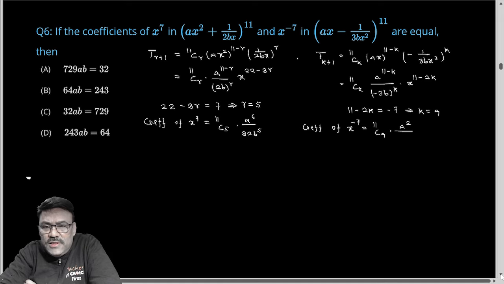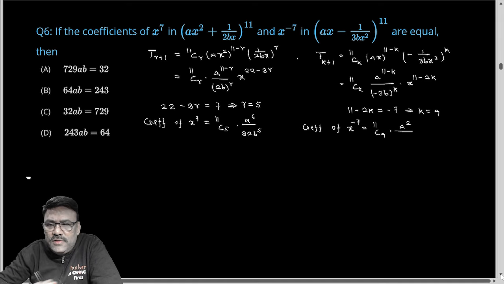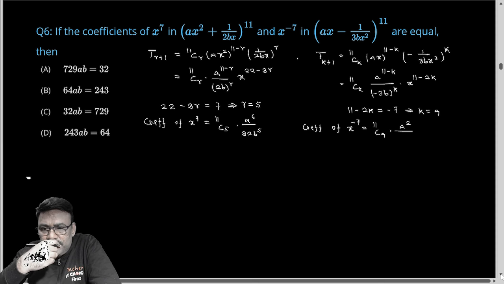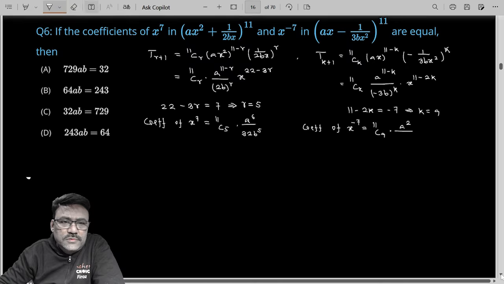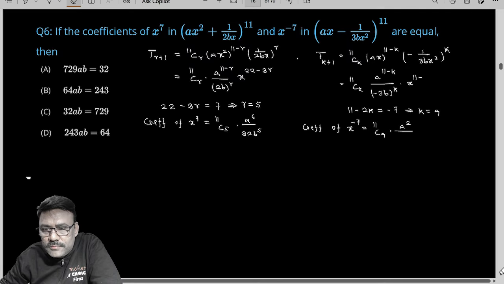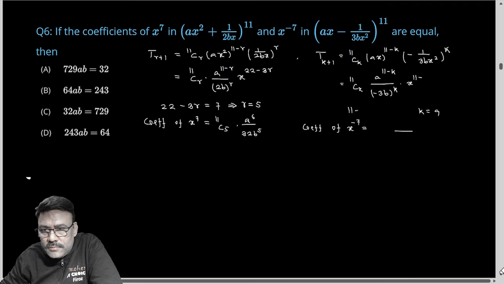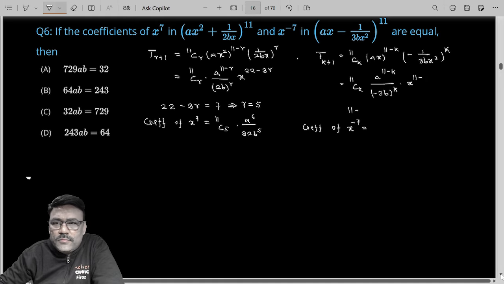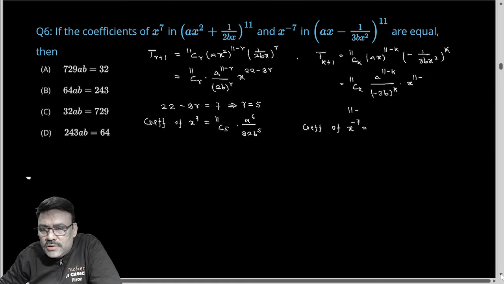11 Ck (ax) raised to 11 minus k and then minus 1 by 3b, x square raised to k. It is correct. 11 Ck a raised to 11 minus k, minus 3b raised to k. So I am getting x raised to 11 minus k in the numerator and denominator x raised to 2k. Oh, yes, I made a mistake here. 11 minus k minus 2k, it will be 11 minus 3k here, not 2k.